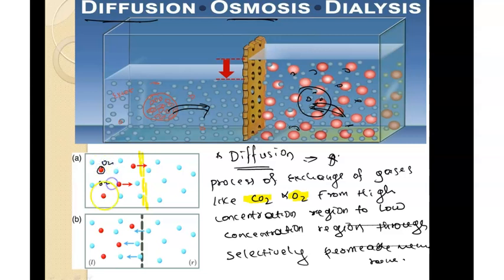Let's say these are all my oxygen atoms. Here I don't have any oxygen. So this is my high concentration region and this is my low concentration region. Then oxygen molecules will move from cell A to cell B.